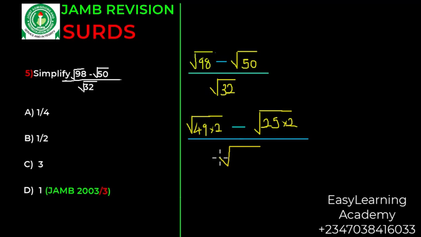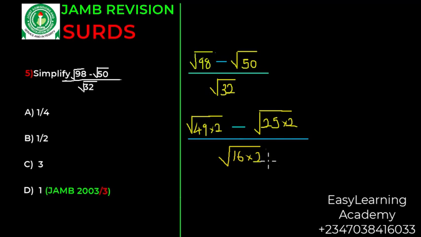If not possible, keep going like that. All right, and ensure that the number that you are multiplying with is a perfect square. So now for 32, the number there will be 16 times 2. 16 times 2 will give us 32.